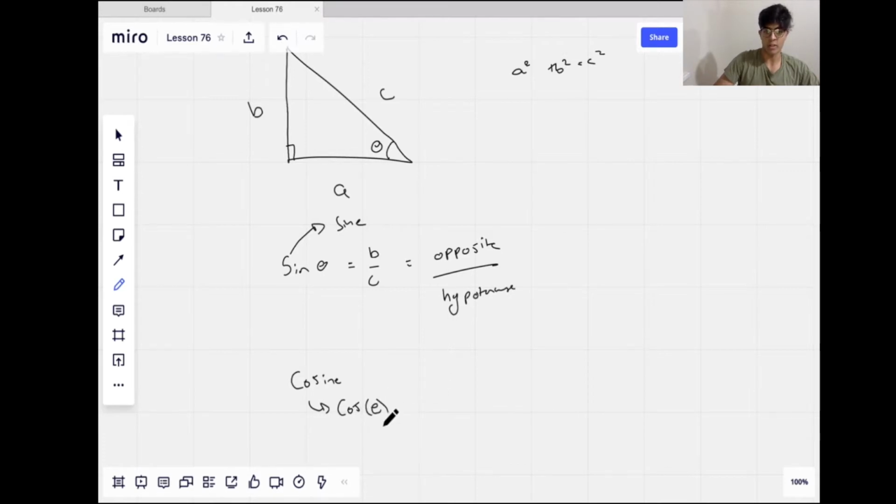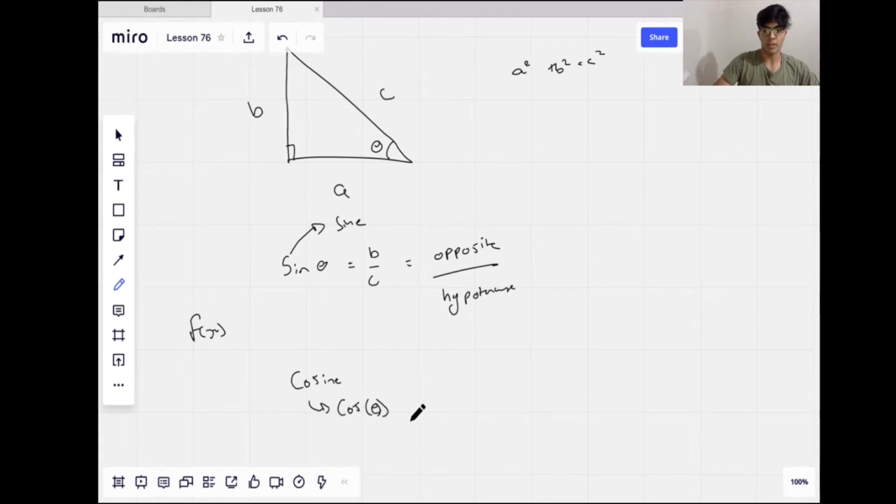Again, these brackets are kind of optional. We talked about them in the functions video: the brackets are not saying we're multiplying cos by theta, we're saying cos and taking the function of theta. Remember f of x, for example. It's cos of theta, not cos times theta.